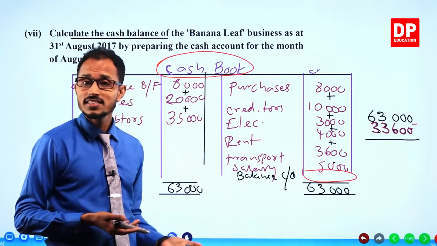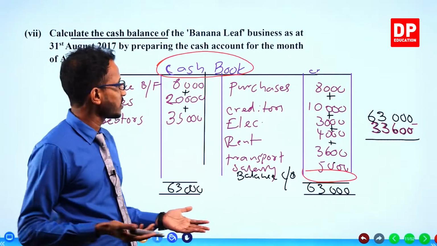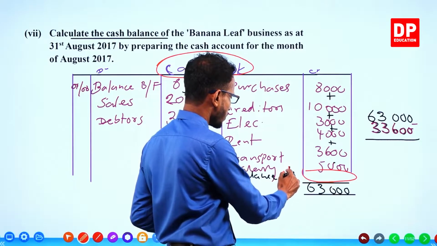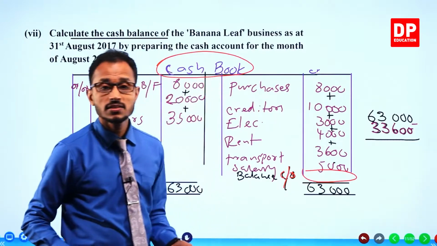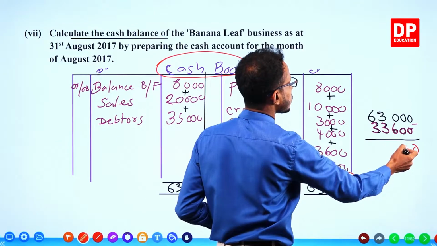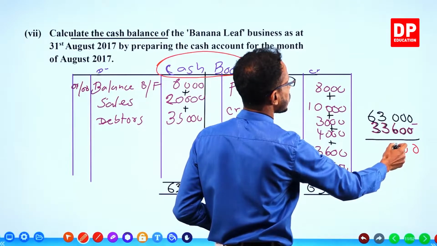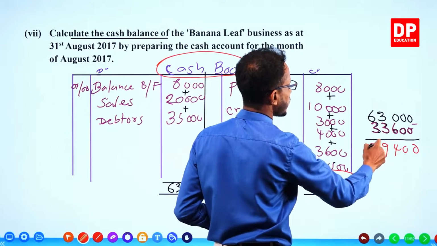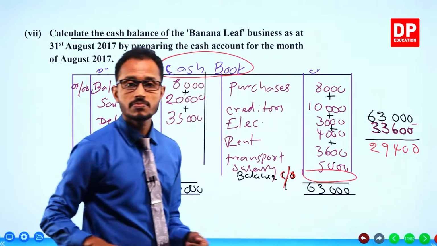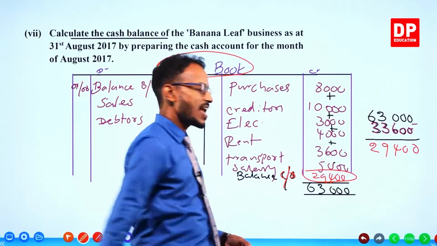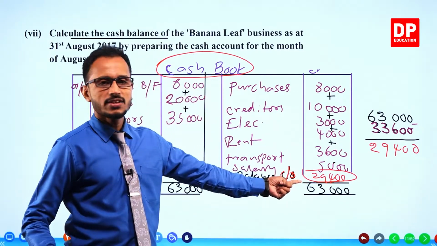It's a current asset, of course. And how much is the balance you got? 29,400. Yeah. This is a current asset and the value at the end of the month.